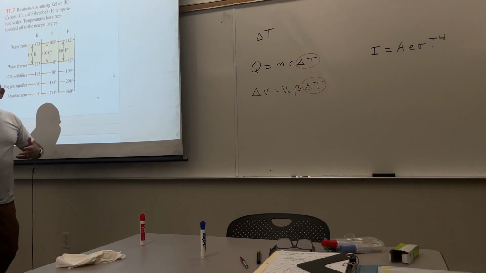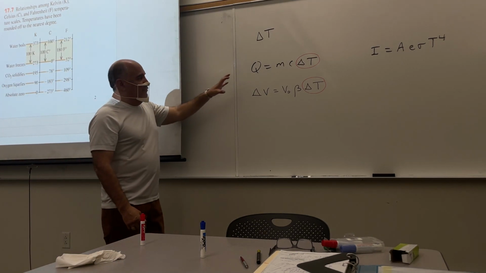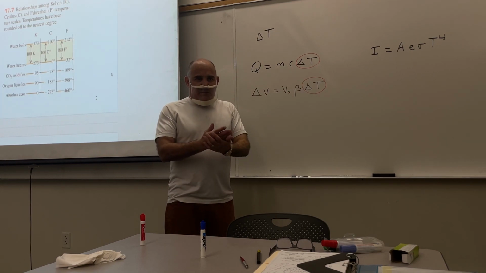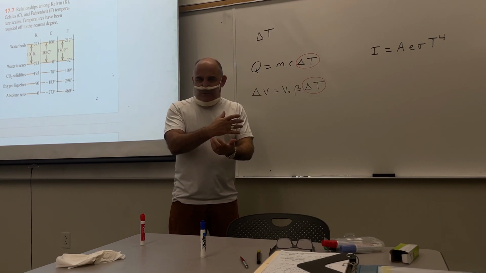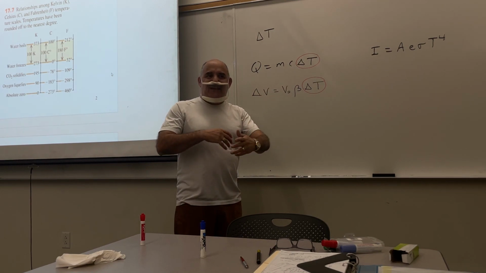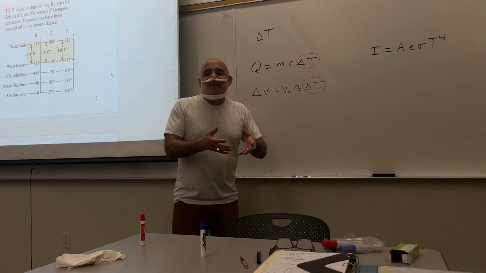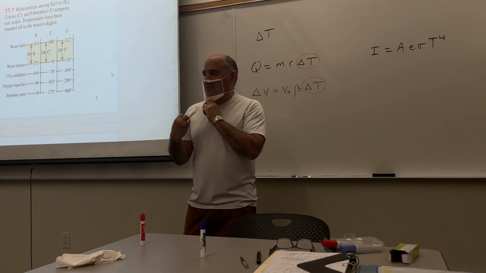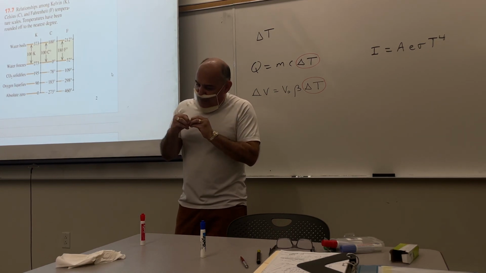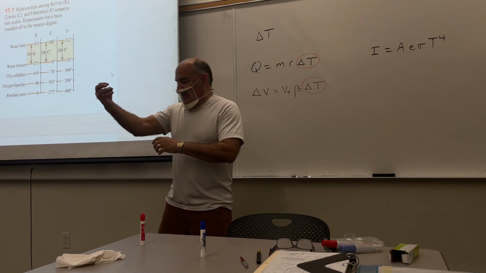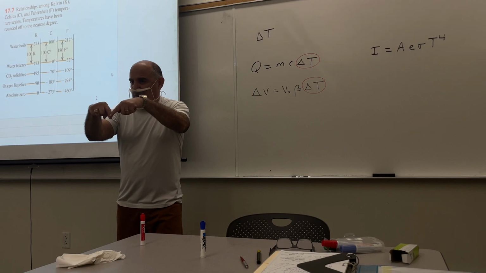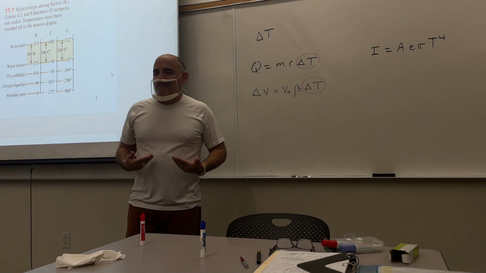So for problems where I'm using a formula and all I need is the change in temperature, then I don't need to waste time. If I'm given the temperature in degrees Celsius, I don't need to convert the initial temperature and the final temperature from degrees Celsius to Kelvin and then take the change, because I'm going to get the same difference.